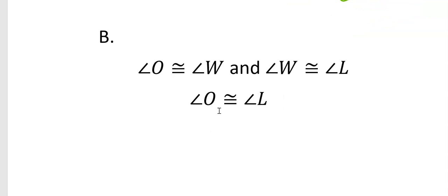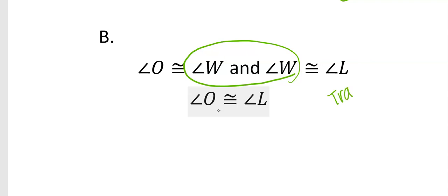Here's another one. If angle O is congruent to angle W and angle W is congruent to angle L, then angle O is congruent to angle L. This is one of those where we're starting with the first line and ending with the second one. Notice how these in the middle kind of disappear. That's transitive. So if the two things in the middle are the same, the other two things have to be the same as well, and that's transitive property.